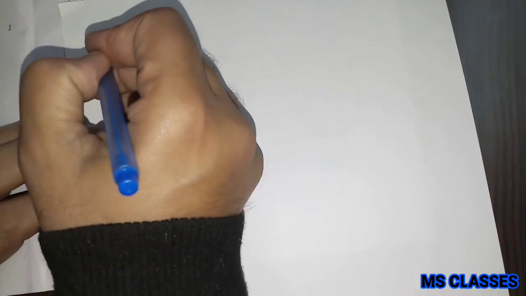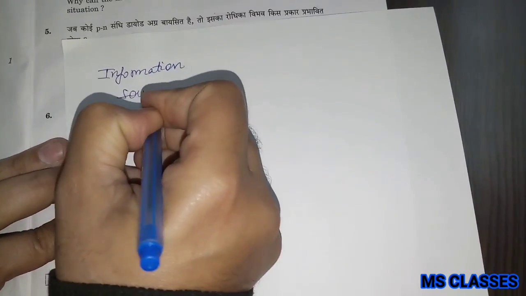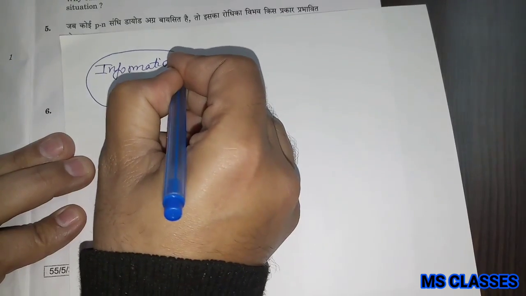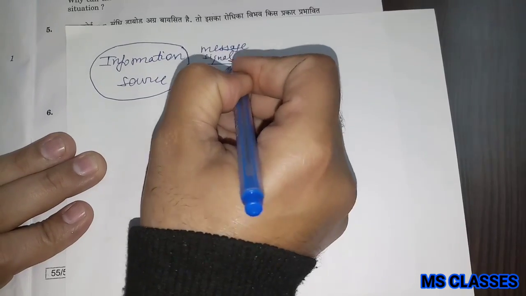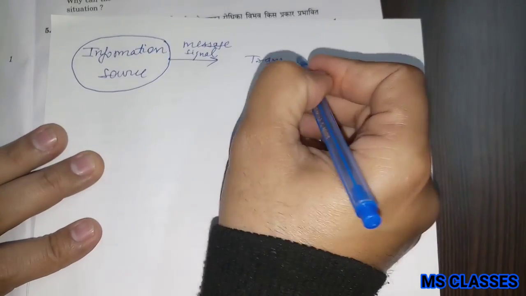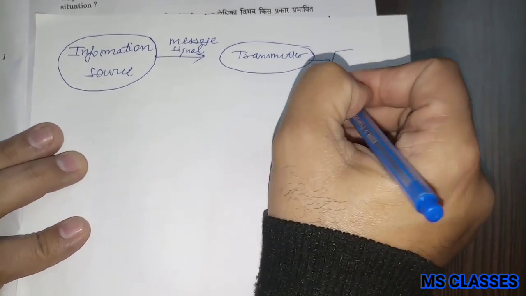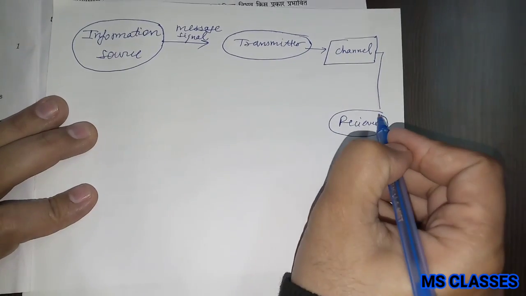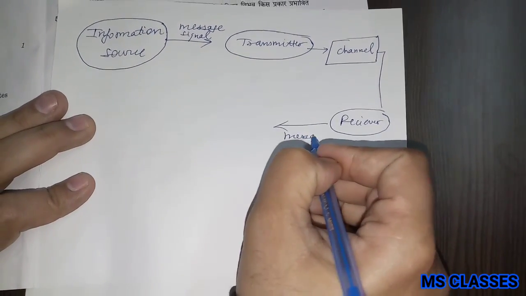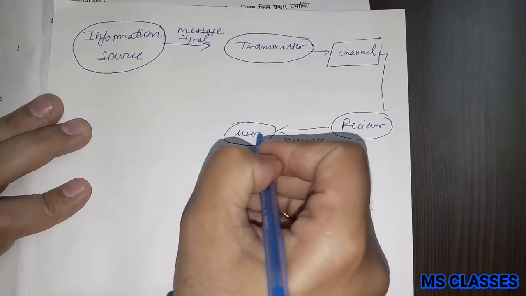So the block diagram would be, the first is the information source, which gives the message signal to the transmitter, which is passing through the communication channel, which is received by the receiver, and that message signal is given to the user.